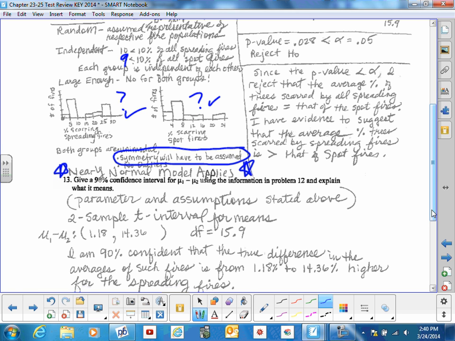I would probably collect more data and see if more data still makes the shape of the population unclear. So I would want more data to make a final decision as to whether or not I take this information.